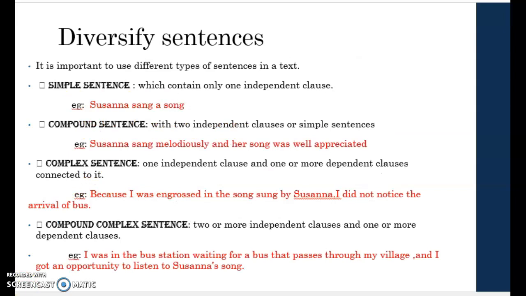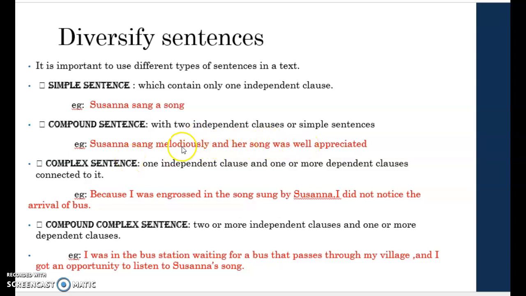Now, there are a few more things. The first one is the simple sentence, which contains only one independent clause. Susanna sang a song. Now, a compound sentence will have two independent clauses or simple sentences. That is, Susanna sang melodiously, and her song was well appreciated.